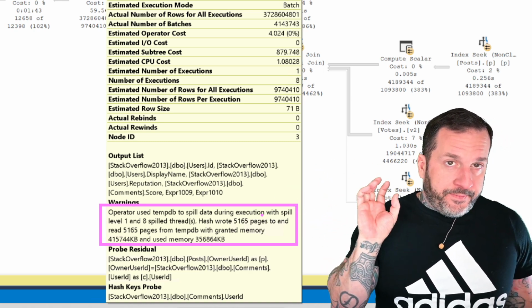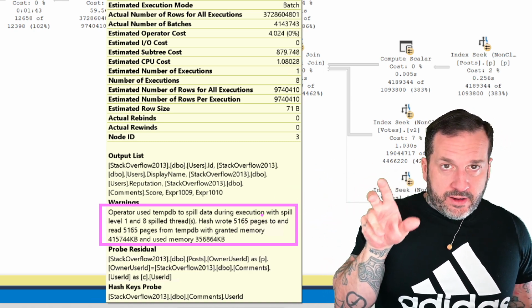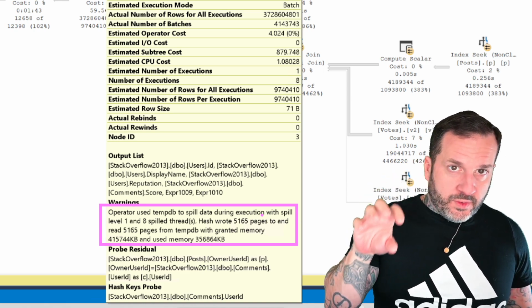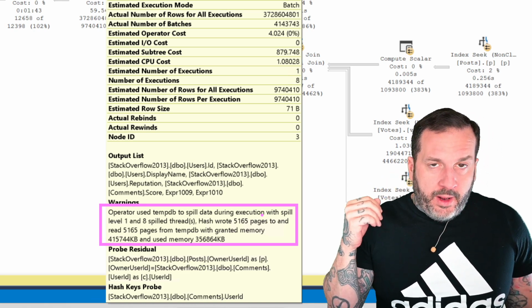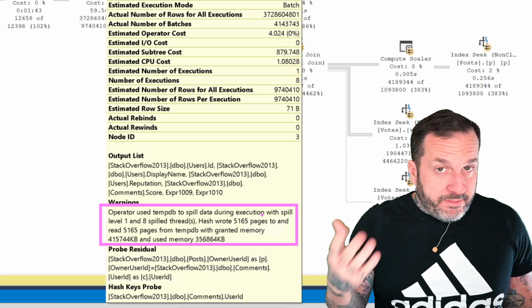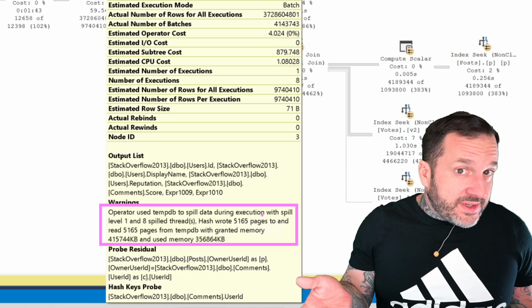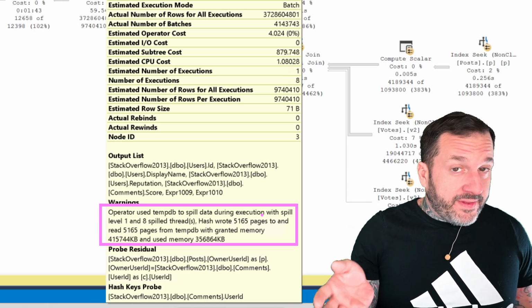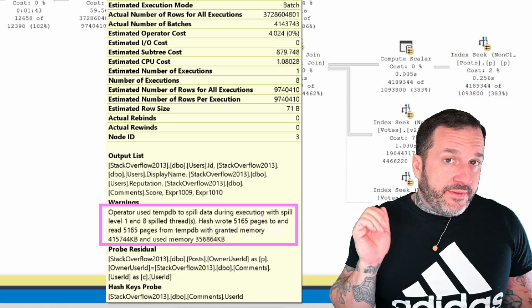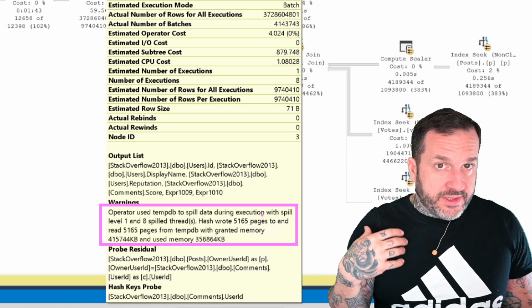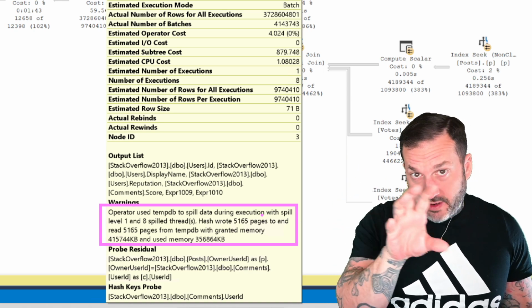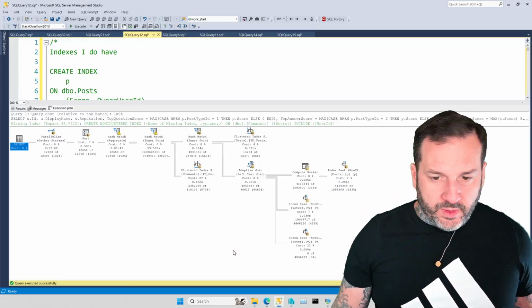So all of these threads have to wait to do their parallel synchronization while they're spilling and reading back from disk, which is a generally bad time for those parallel threads. So you would see parallel waits get really high potentially for queries like this, where parallel threads are all spilling, because the spilling hurts the parallel thread synchronization.